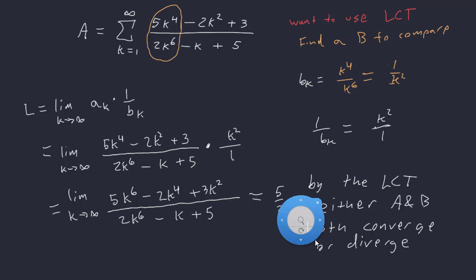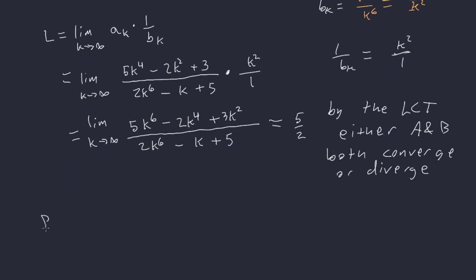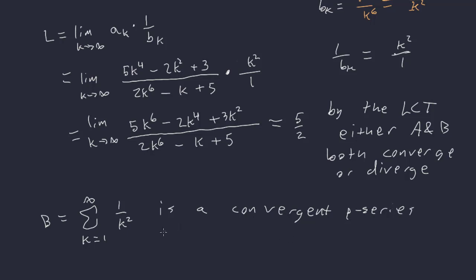Well, B, which is the series k going from 1 to infinity of 1 over k squared, is a convergent p-series. So, by the limit comparison test, A also converges.